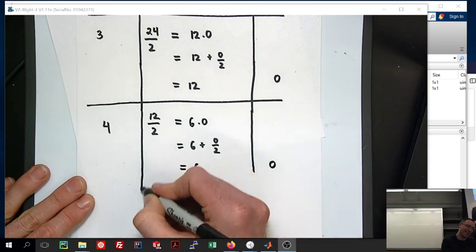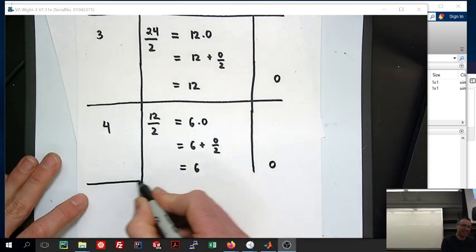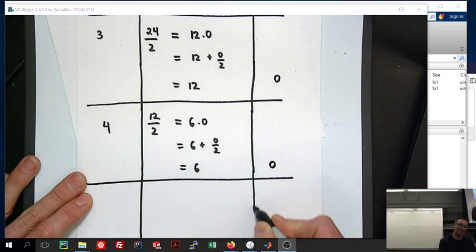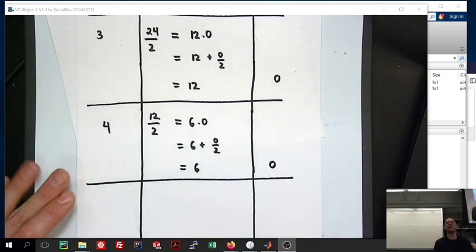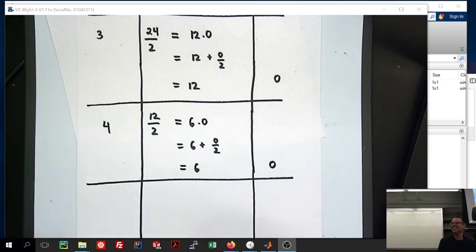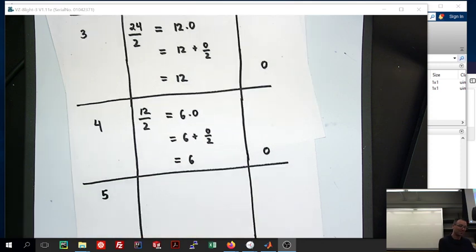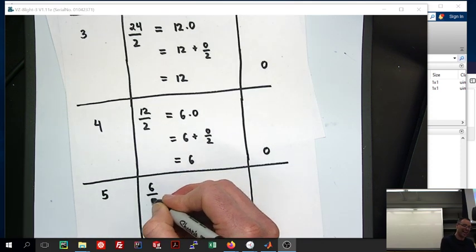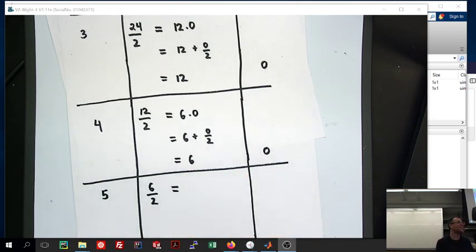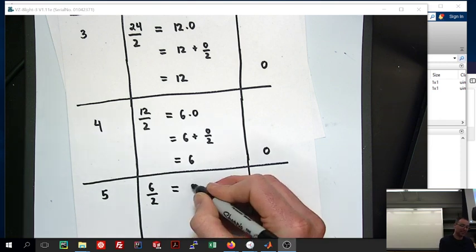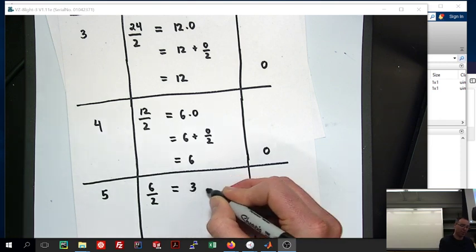Does anybody see the pattern? The first algorithm that we suggested started with the most significant bit. Can you guess what this one does? Least significant bit. 6 divided by 2 is 3.0.